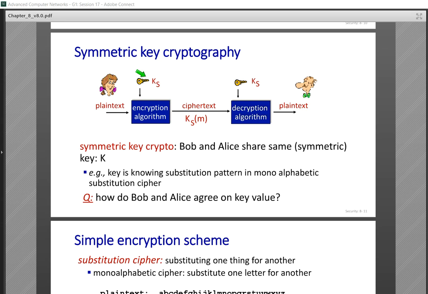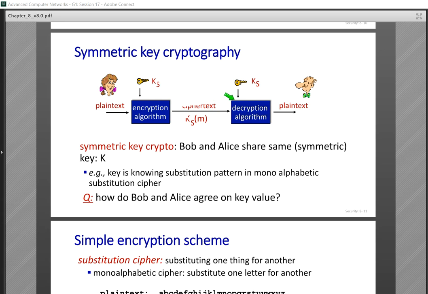We have a symmetric key, K_S. So Alice can encrypt her plain text with the symmetric key, and the ciphertext encrypted by the symmetric key can then be sent over the network.